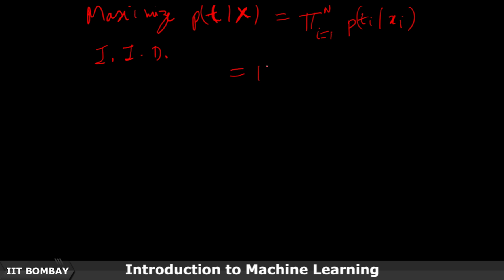This is going to be a Gaussian distribution, and the mean of that Gaussian is going to be precisely what we estimate, that is W transpose xi, and the variance is going to be the noise variance, which we assume to be sigma square. So we want to maximize this. Now what is the formula for this Gaussian distribution?